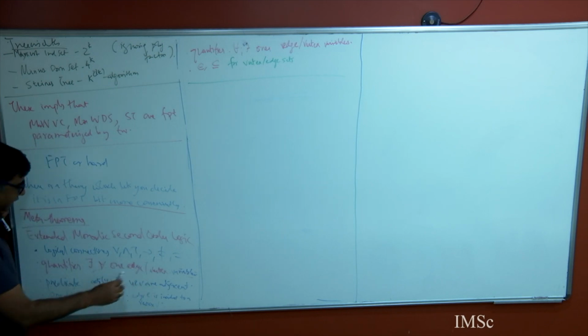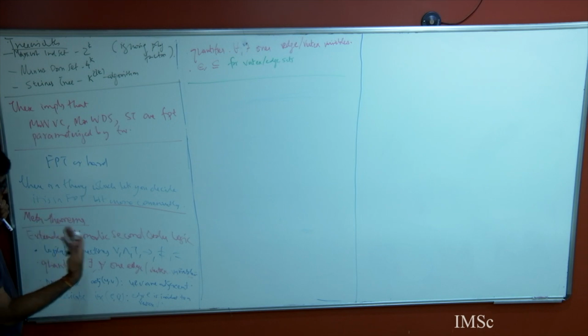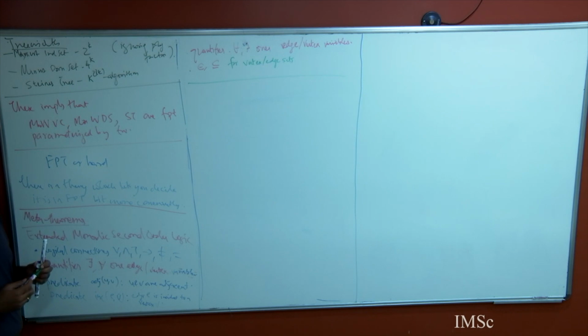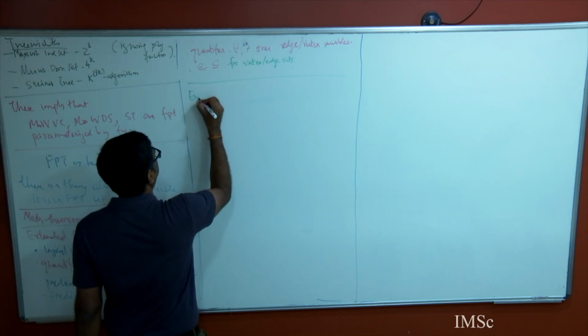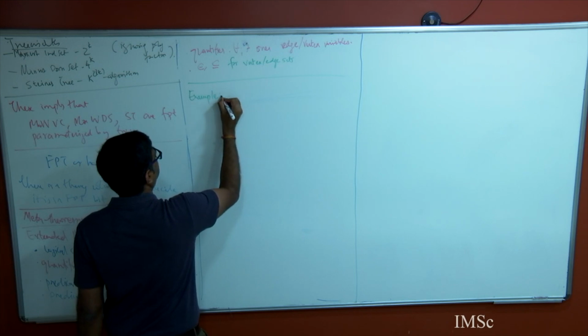So you have connectives, quantifiers over edge or vertex variables and over edge or vertex subsets, and a few predicates: whether two things are adjacent or not, whether something is incident to a vertex or an edge. Let me write down an example formula for you, and let's see if you can identify what it is.